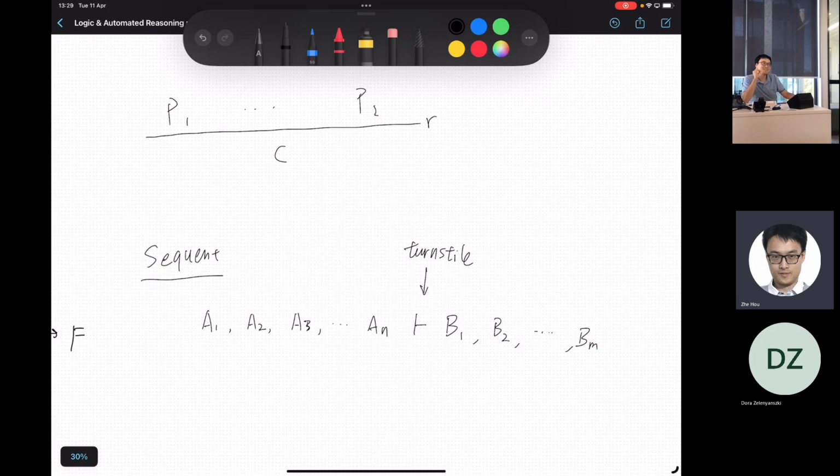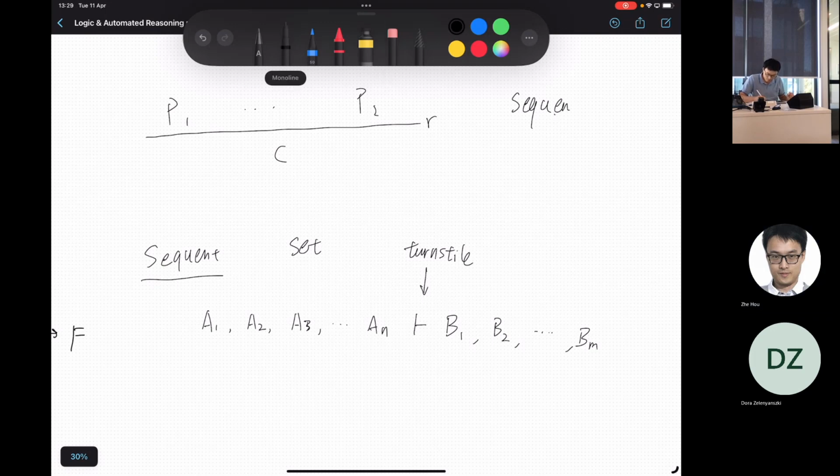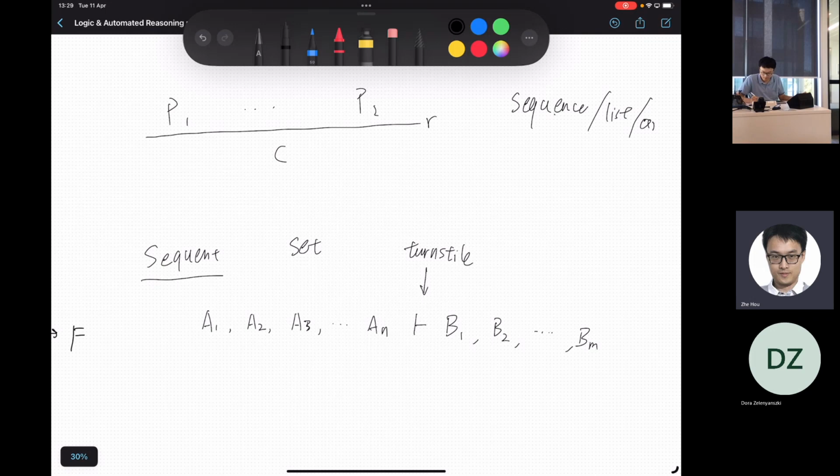And to simplify everything, I'm going to redefine a sequent. Originally, it was two sequences. I'm going to say it's two sets instead of two sequences. So there's a slight difference. A sequence, or sometimes we call it a list, or in programming languages, an array, is a list of things where the order matters, right?